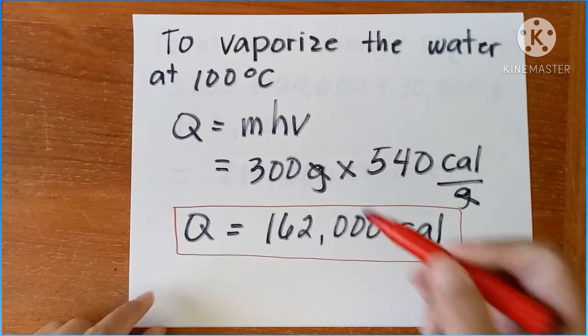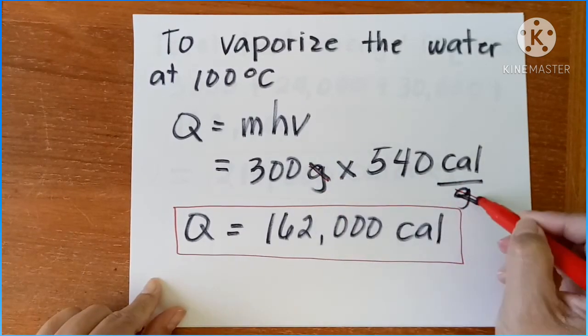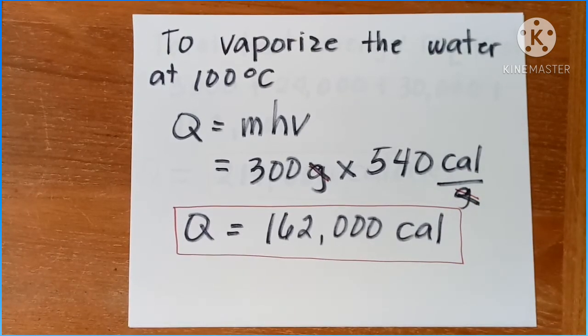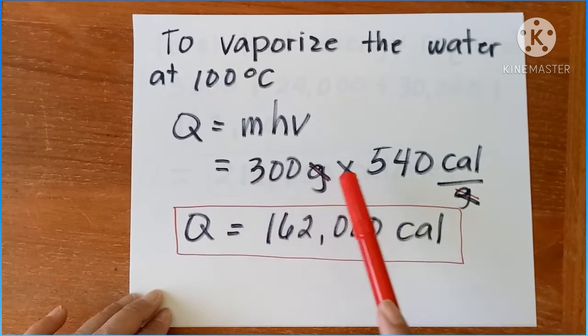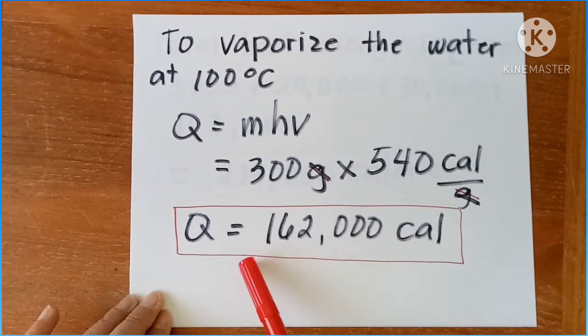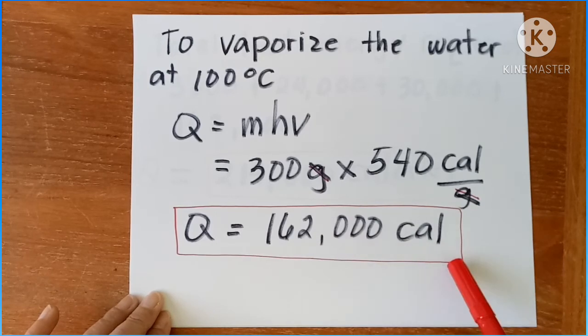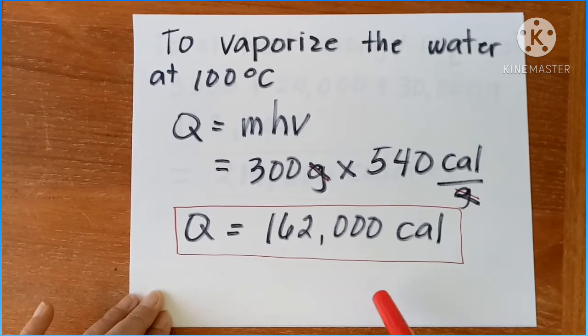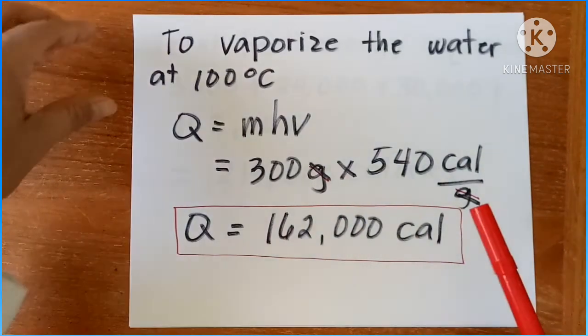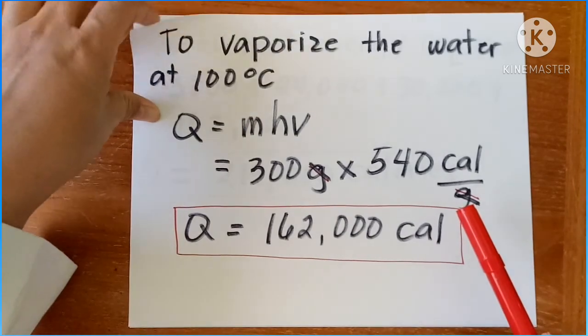So we can cancel out the grams, so the remaining unit is calories. And then the next thing that you're going to do is multiply 300 by 540, and that will give you 162,000 calories. So this 162,000 calories is the amount of heat needed to vaporize the water at 100 degrees Celsius.